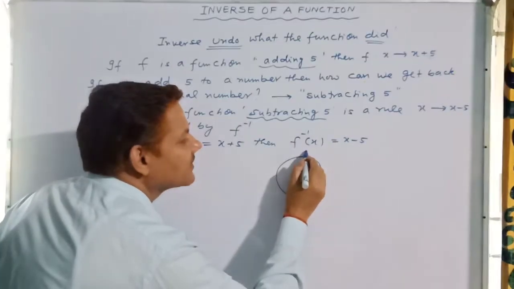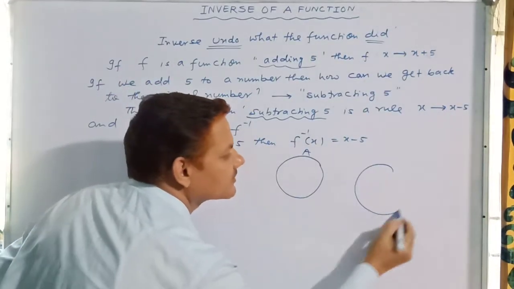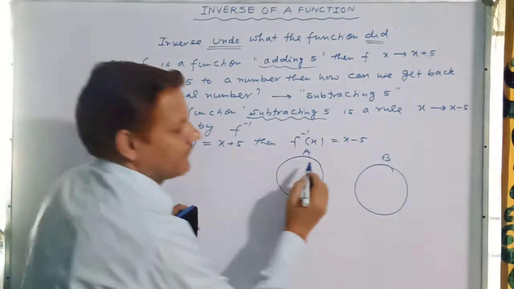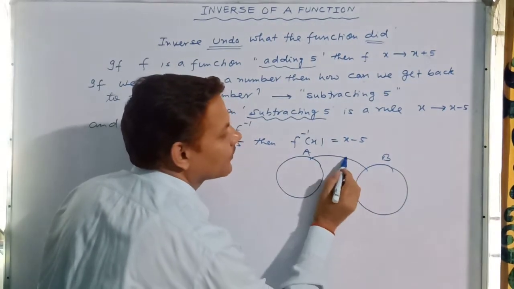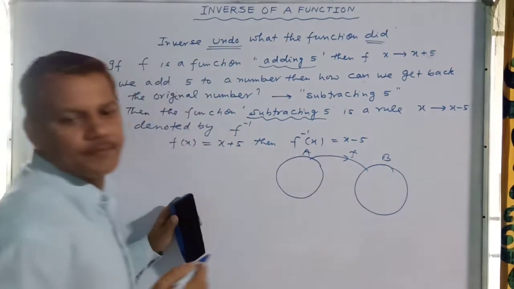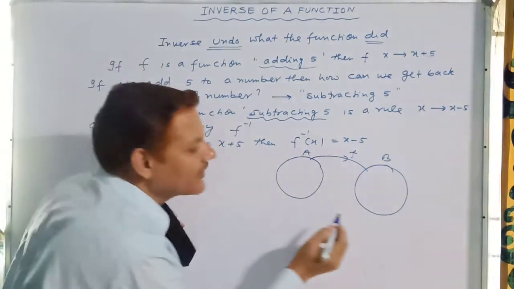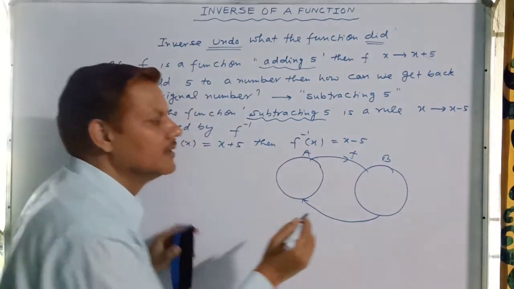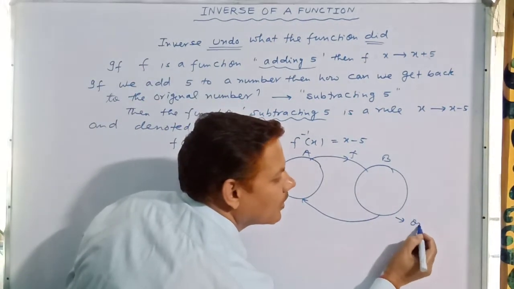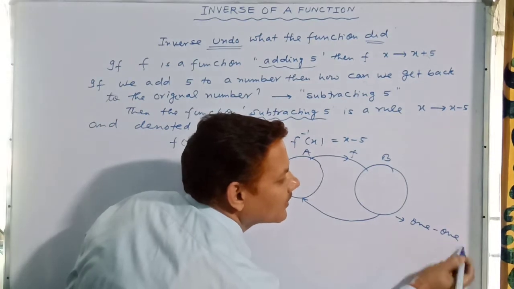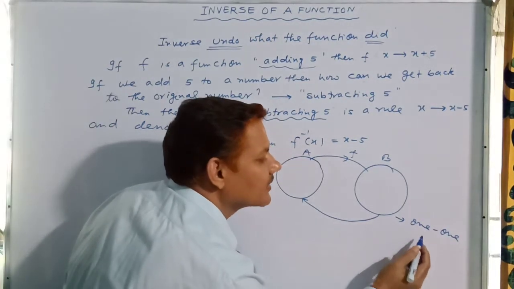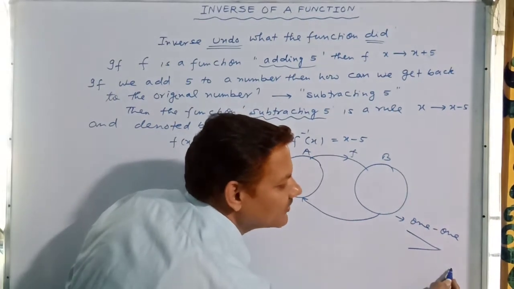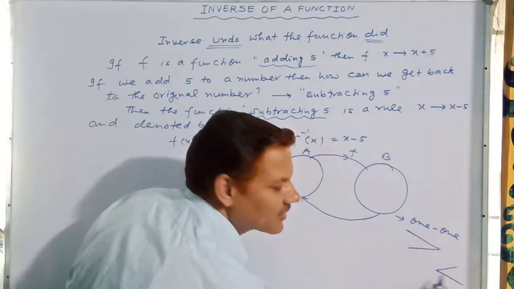If A is a set, B is another set, and there is a function f from A to B, and we are able to construct a new function from B to A, then it is required to be 1-1. Otherwise, if it is not 1-1, when we reverse this, it does not have a unique image.